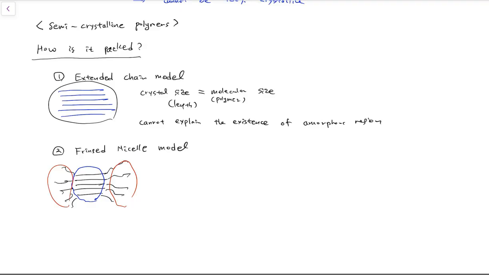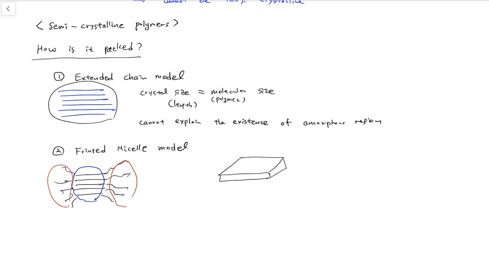But if you look at the figure on page 409 in the textbook, they show the real experimental data of the polymer crystal. And if you look at the figure, they show basically this kind of plate-like structure in real polymer samples.